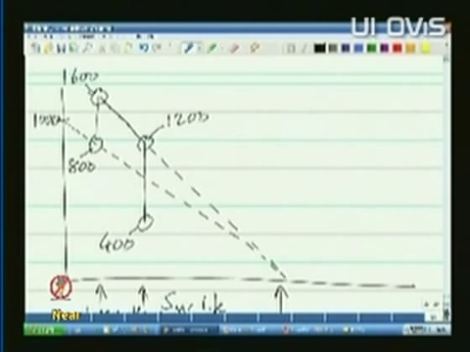Now if you remember what I said, anything that happens above the yellow line goes to the revaluation surplus. Anything that happens below that yellow line goes to profit or loss. So what we need to do then is we need to calculate what this number here is so that we can identify how much of it goes to the revaluation surplus and how much of it goes to profit and loss. Okay?